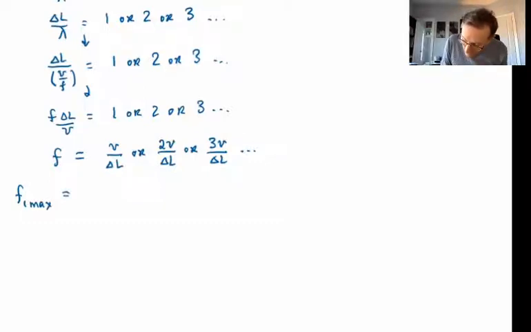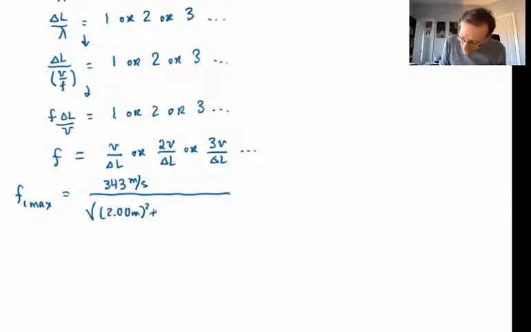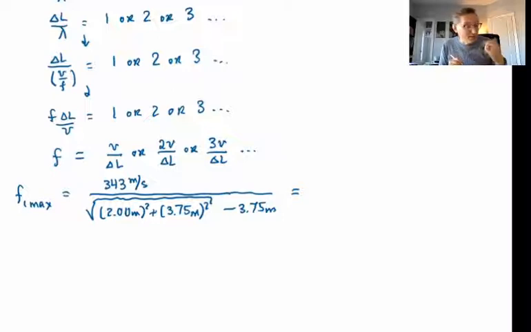That's V, 343 meters per second, over delta L. Square root of 2 meters squared plus 3.75 meters squared minus 3.75 meters. Again, you get a number with unit 1 over second, hertz, and you get 686 hertz. Okay, so that's the first frequency.